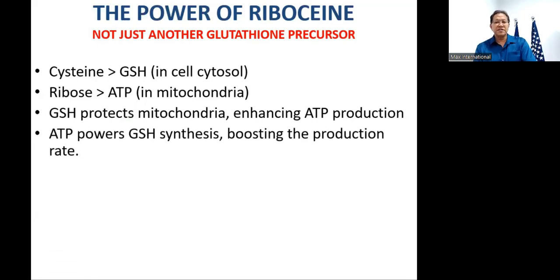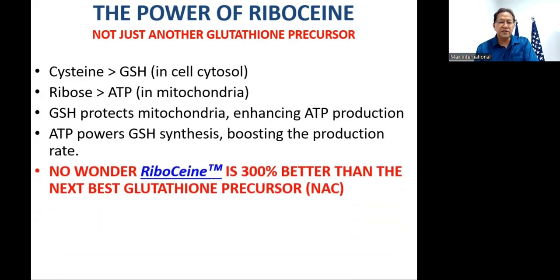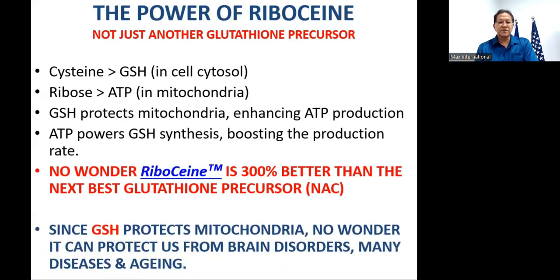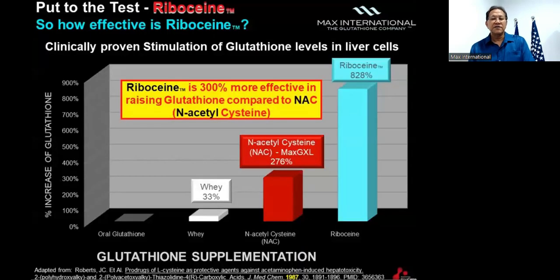And ATP powers GSSG synthesis, boosting the production. Right now, we know ATP also is a problem in ASD. So no wonder ribosine is 300% better than the next best glutathione precursor, NAC. And since glutathione protects mitochondria, no wonder it can protect us from brain disorders and many diseases and aging. And these are the studies that show that ribosine is 300% more effective in boosting glutathione than NAC.